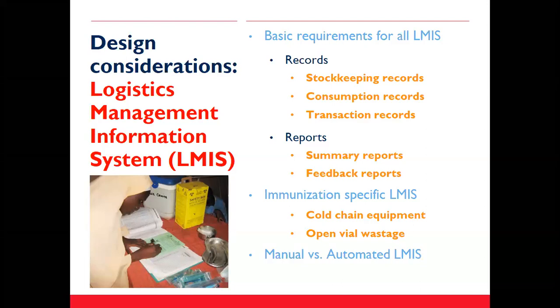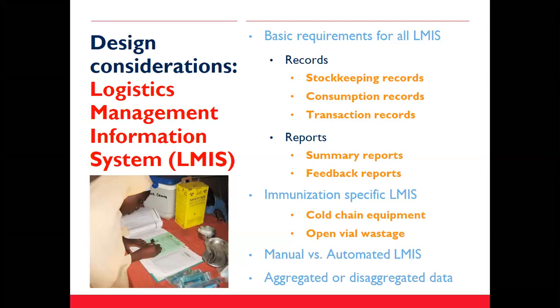When designing an LMIS, you need to consider which parts of the system could be automated, or if the entire system can be automated based on what infrastructure is available or what can be made available for automation. Frequency of reporting often aligns with frequency of resupply, as the data to calculate orders are reported through the LMIS.